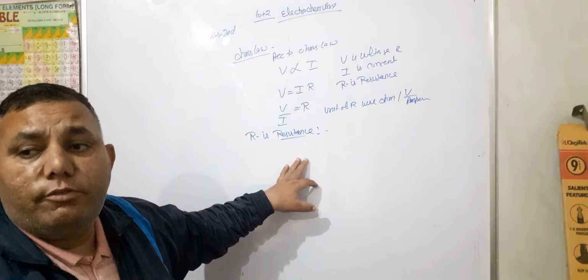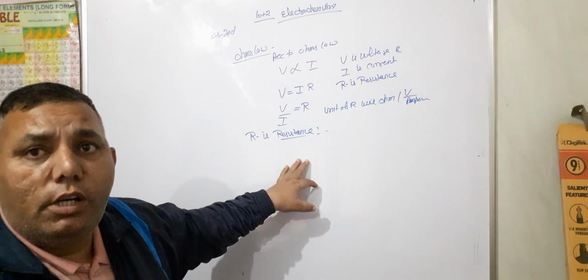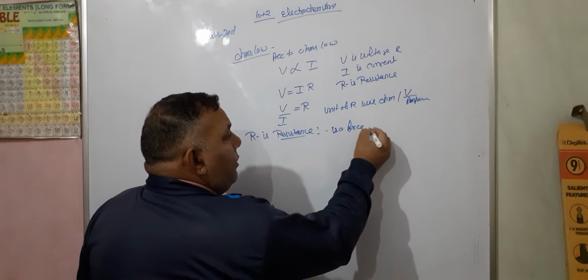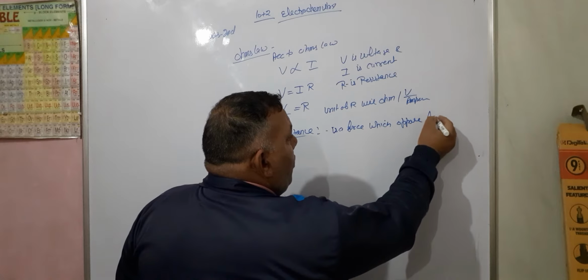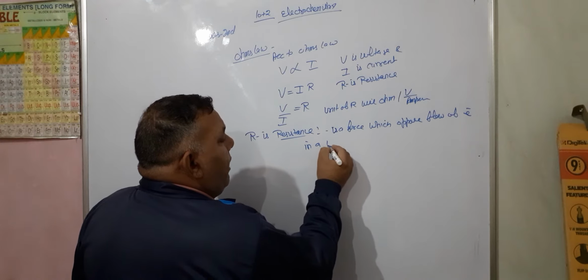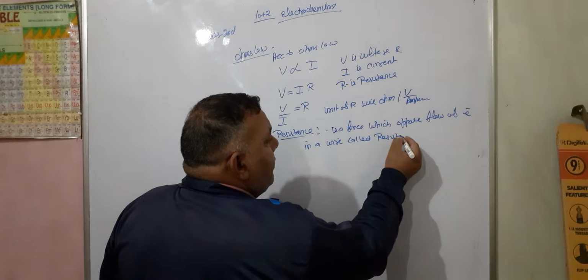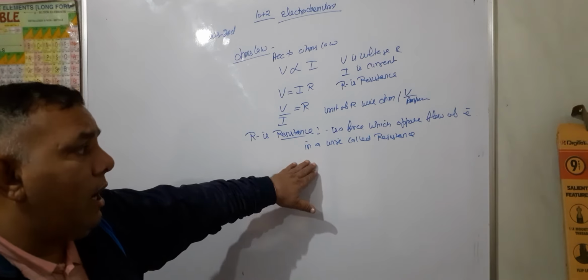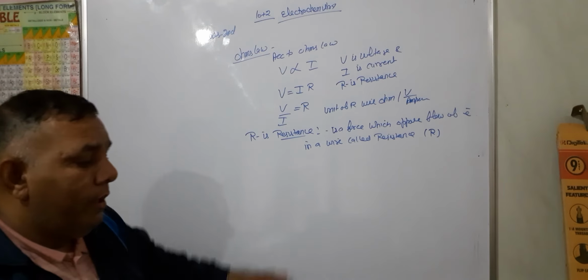The force which opposes the flow of electrons in a wire, that is called resistance. It is denoted by R.